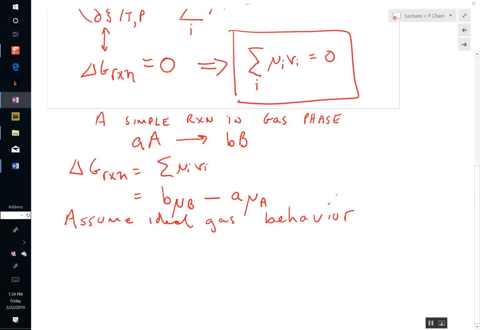So if it's behaving ideally, this mu is going to equal the mu at standard conditions plus RT times the log of P over P naught.